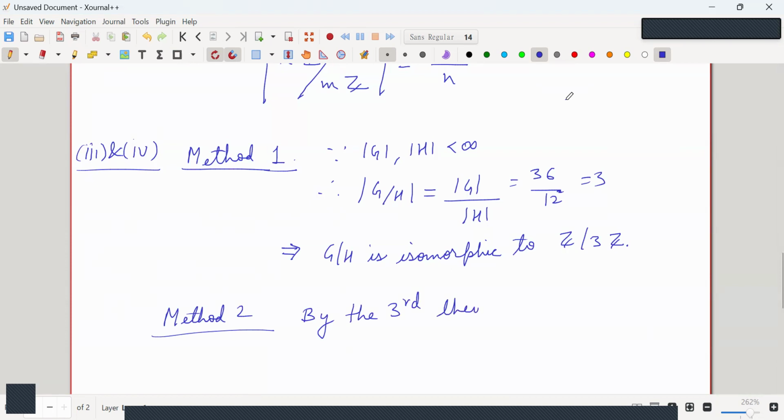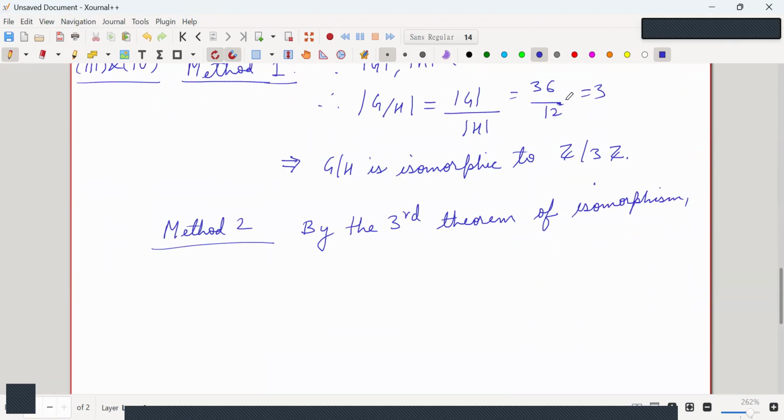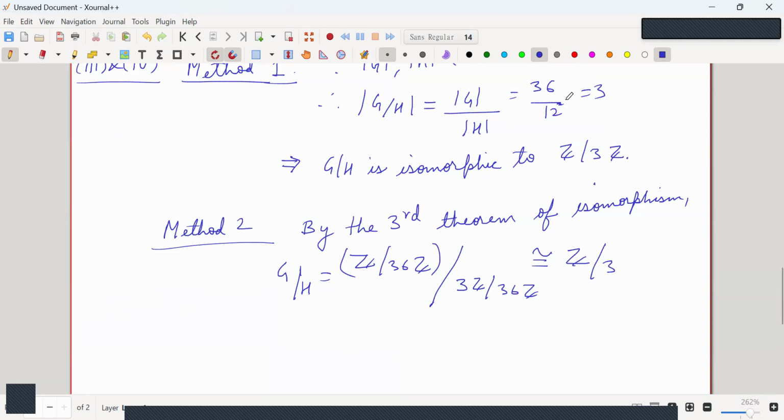By the third theorem of isomorphism, G by H, that is, Z modulo 36Z, divided by, it's not divide, how to write this, (Z modulo 36Z) modulo (3Z modulo 36Z), is isomorphic to Z mod 3Z.